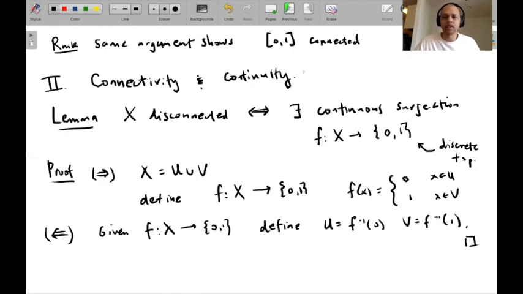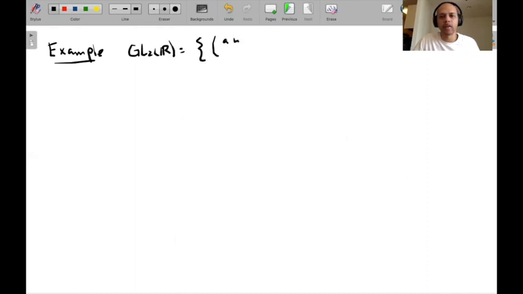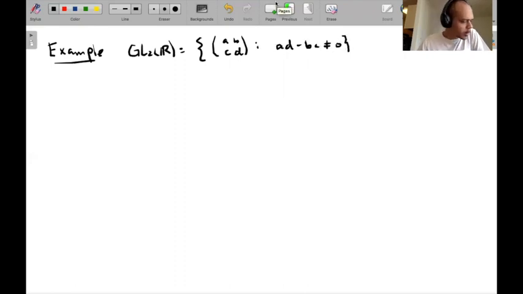And here's an example of how you can use this. Let's take GL2R, these 2x2 invertible matrices. So I claim this is disconnected.